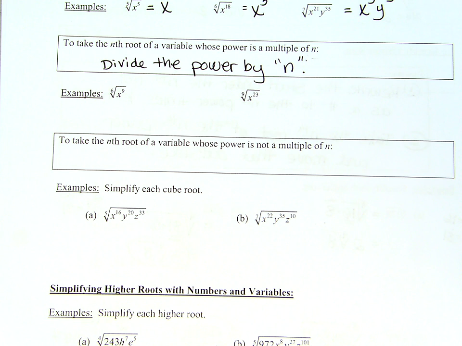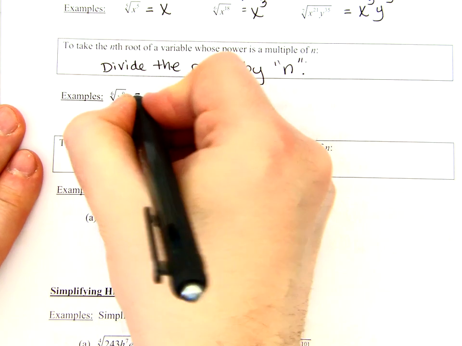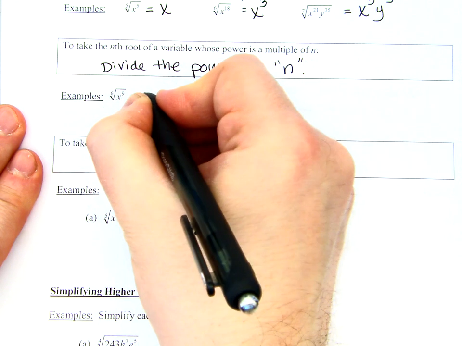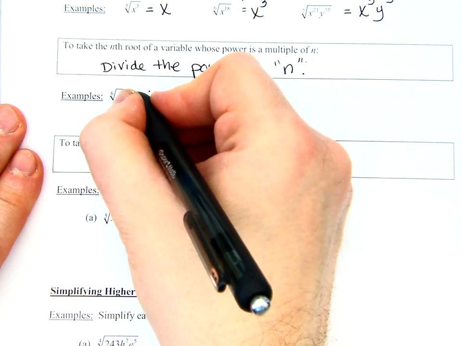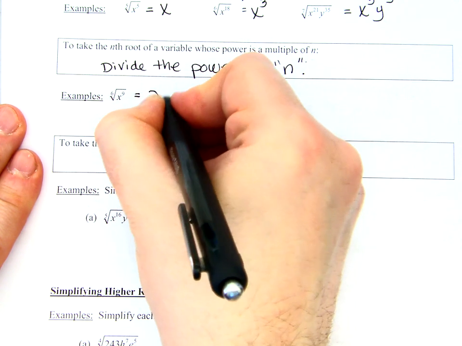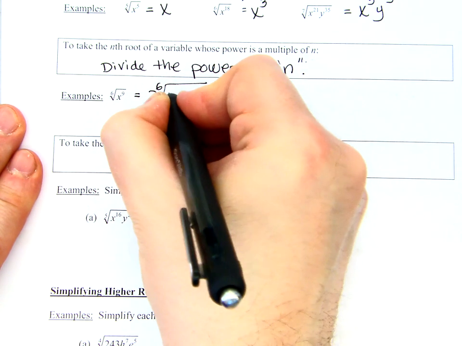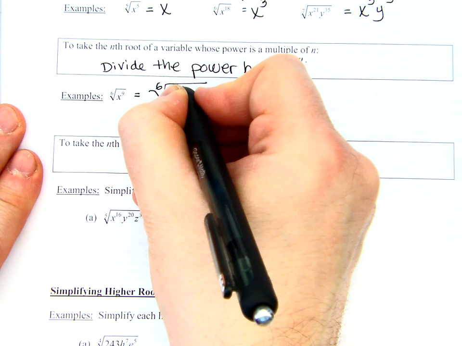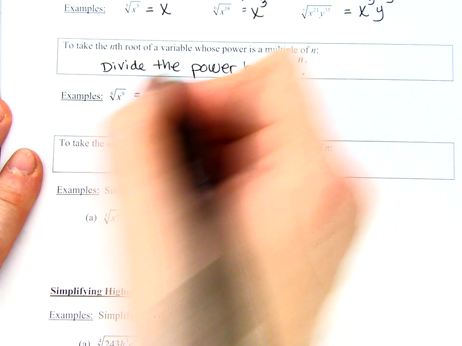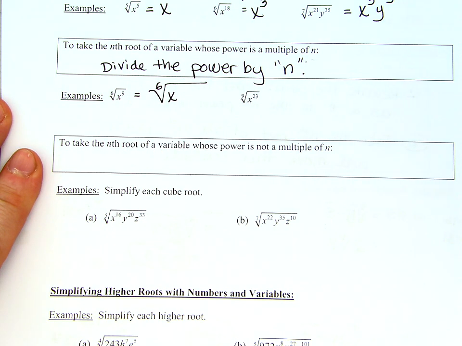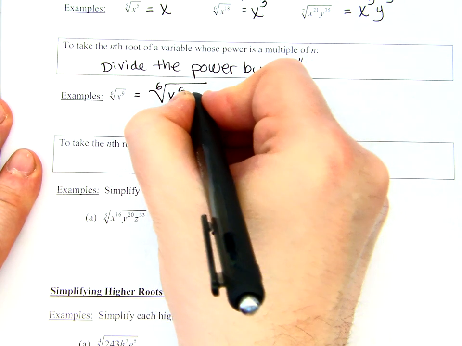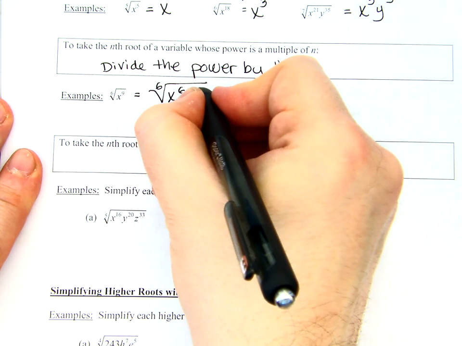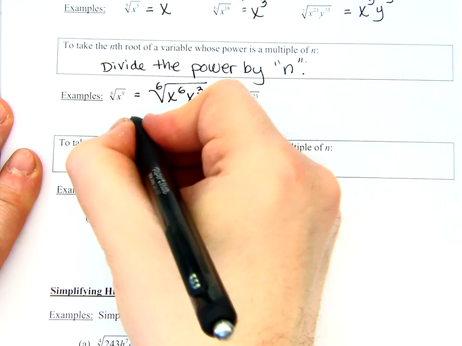And of course, they don't always work out nicely, so we're going to have to do some breaking down. The 6th root of x to the 9th, I can't divide 9 by 6. I get a decimal there. So instead, I'm going to say the 6th root of x to the, well, I want a multiple of 6 that is less than 9. Don't overthink this one. 6. And what's left over? X to the 3rd. So is it x to the 6?